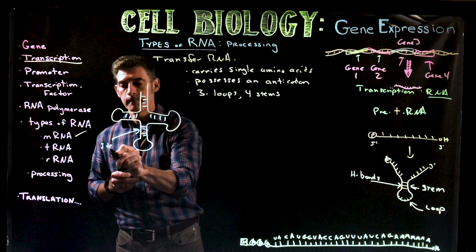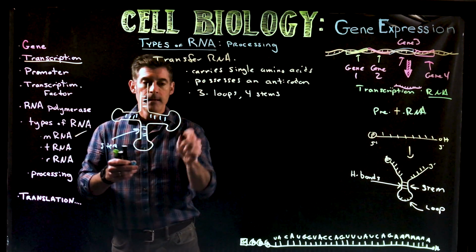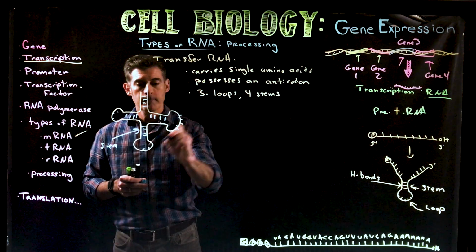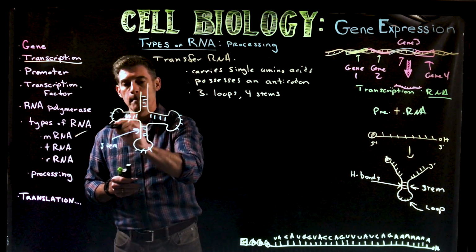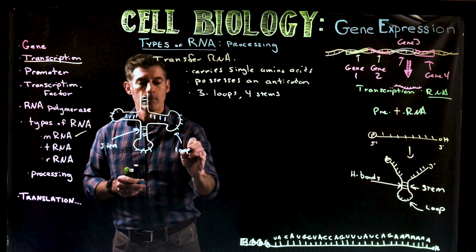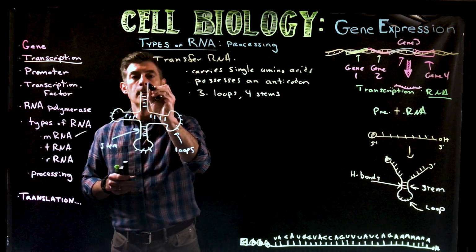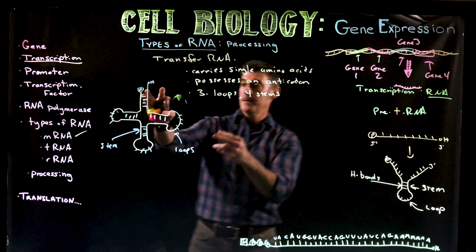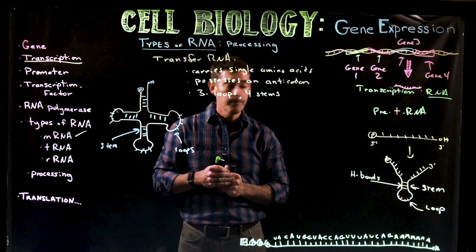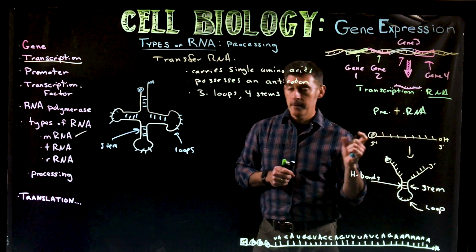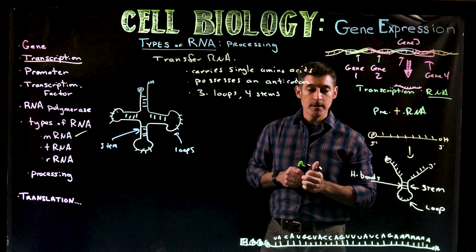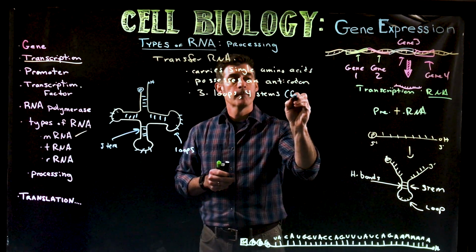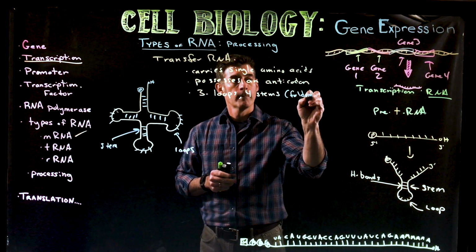And then these areas here are the loops. And the 2 ends end up together on this top stem. Okay, that stem, that top stem or acceptor stem, is where the amino acid is going to be attached. So the first thing that happens to a transfer RNA is that it's folded into these stems and loops.